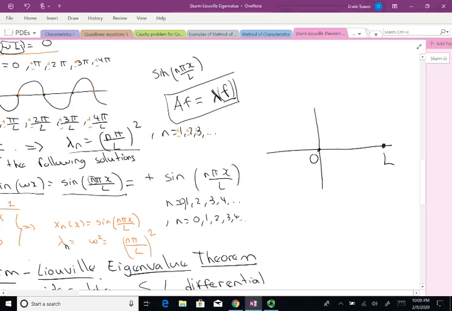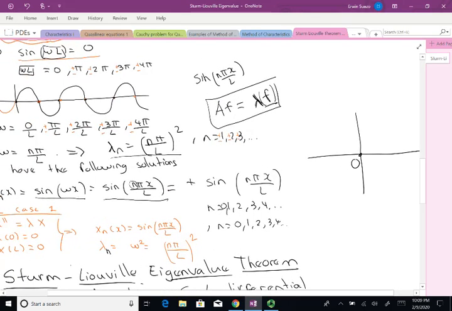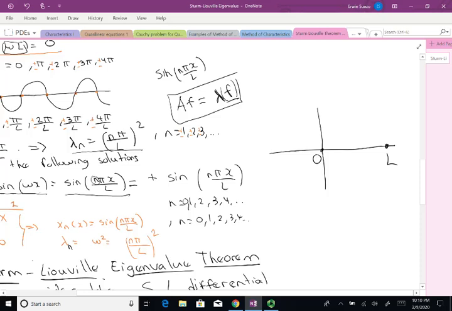So my first function is sine of n pi x over L. If n equals 1, I have sine pi x over L. So this function goes like this.